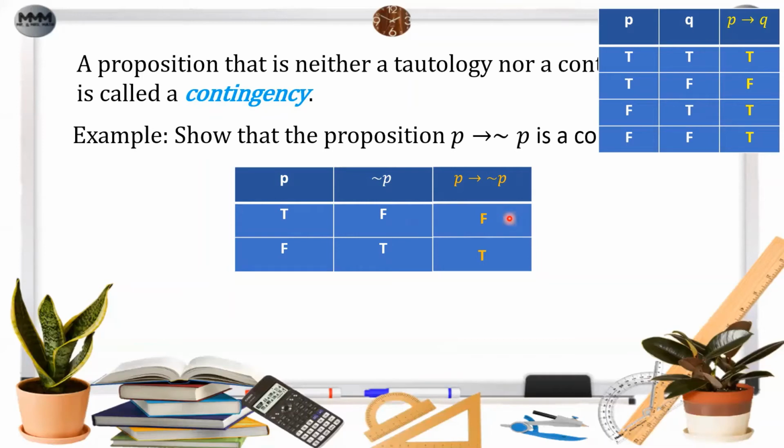So here, as you can see, the last column entries are F and T. Hence, this is not a tautology because the entries are not all T. Also, it is not a contradiction because the entries in the last column are not all F. Hence, this is a contingency, a combination of F and T in the last column of your truth table.